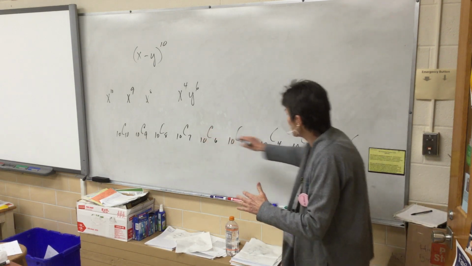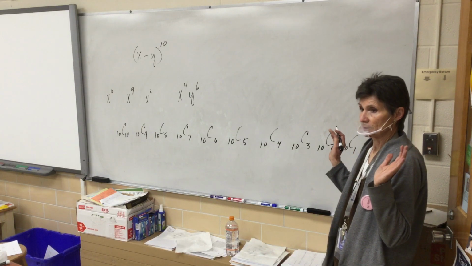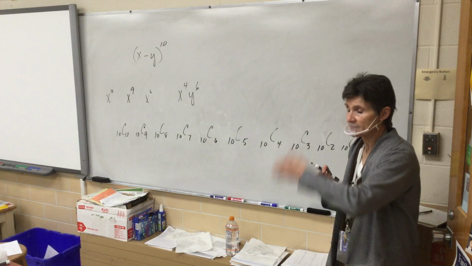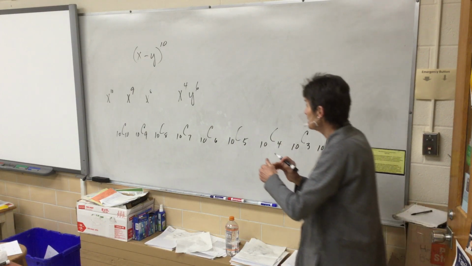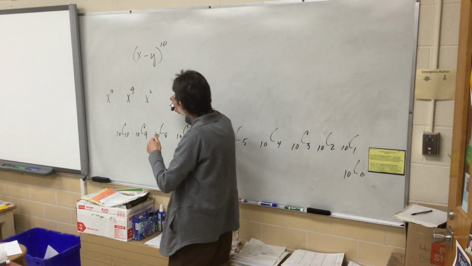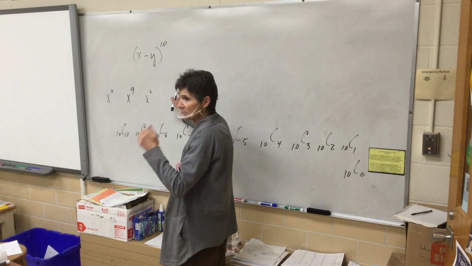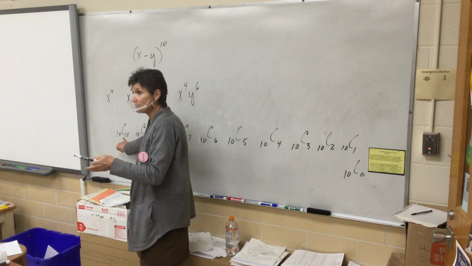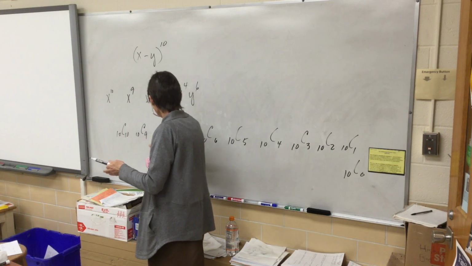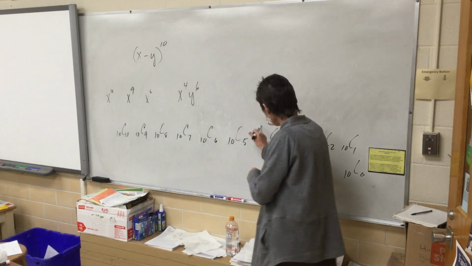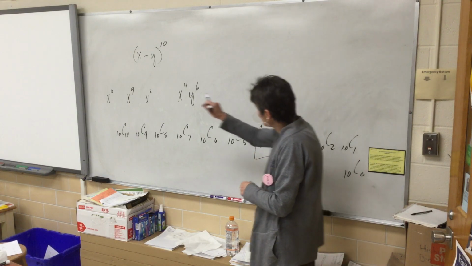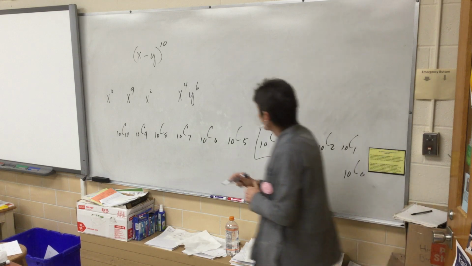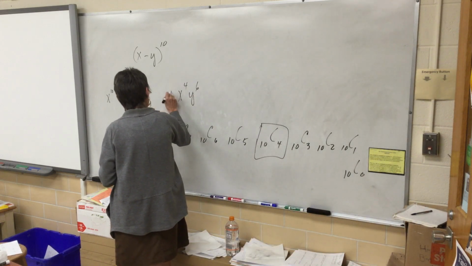So here are all the numbers in the 10th row. They're all the 10C numbers. So 10C10, 10C9, and so on. Now, I have to get down to x to the 4th. That's the term I want. And I know right here it's going to be x to the 10th, 9, 8, 7, 6, 5, 4. Isn't this the coefficient that would be attached to the x to the 4th term? Yeah. So this is going to be 10C4.